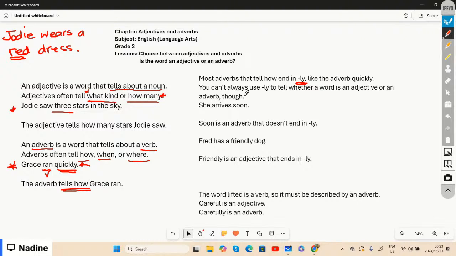So quickly is an adverb, and it's an adverb that tells us how something is being done.